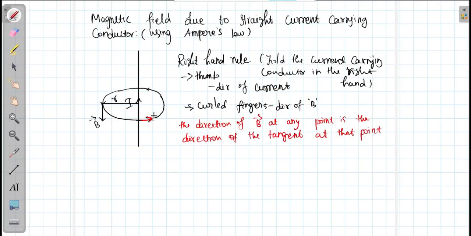So that is what I said. At this particular point, if you take a tangent, the direction of the tangent is the direction of the magnetic field. We know the tangent is perpendicular to the radius vector.